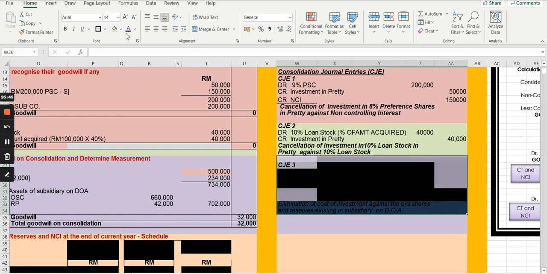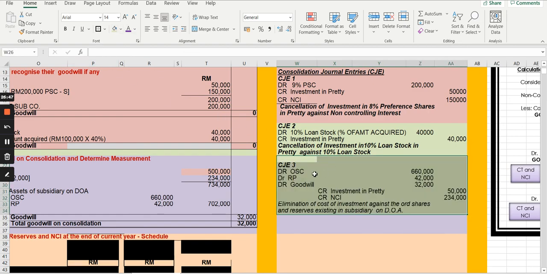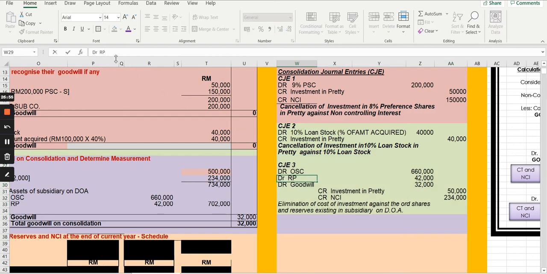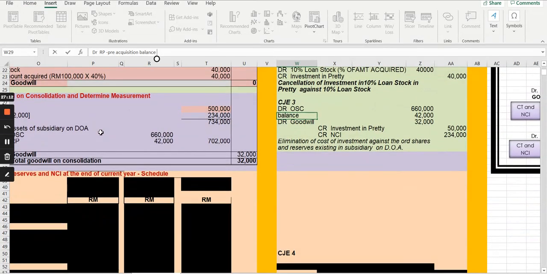I reveal everything. Debit the ordinary shares 660,000, from the share capital balances. Debit retained profit, which is the pre-acquisition balance, meaning the balance on the day of acquisition.